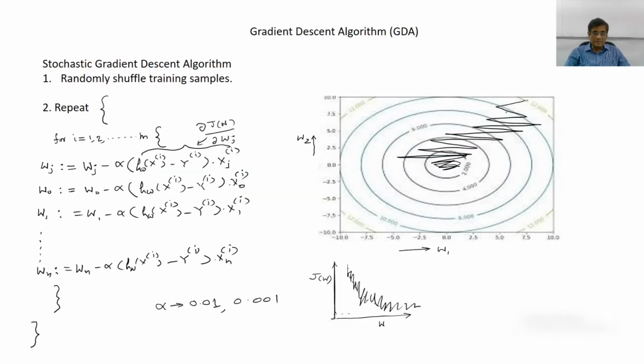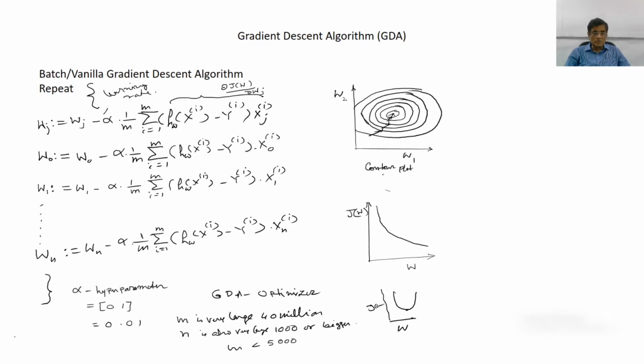Now the question arises: in which case which algorithm should be used? They are application specific. If your machine permits, if your application permits, go for batch or vanilla gradient descent because of the precision. Say if you have a sample size of 1000, 2000, 3000, maybe up to 5000, you can easily go, and n is not very large.